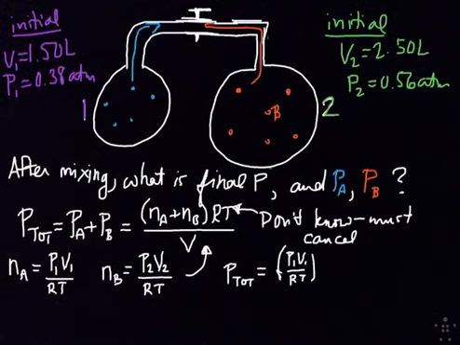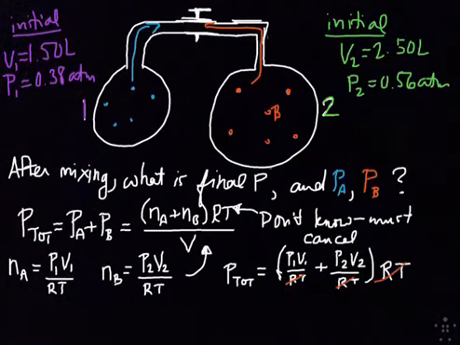Plus P2V2 over RT, times RT. So there we go. Now we can cancel out our RTs, which we don't know T, so we got to do that. And that's going to be divided by our total volume, right?